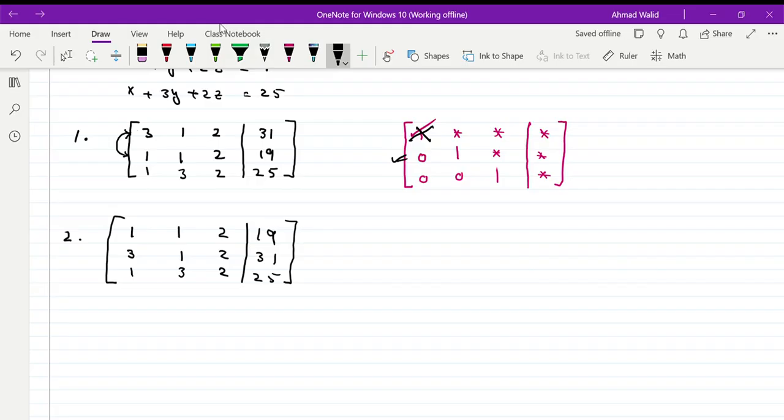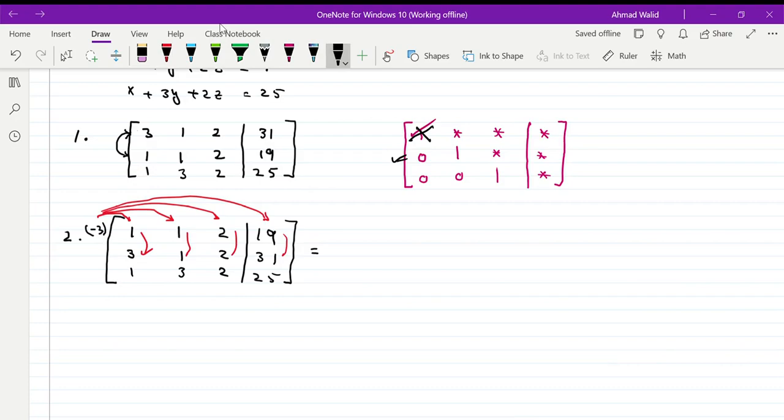To do that, first you have to multiply row 1 by negative 3 and add the product to row 2, like this.